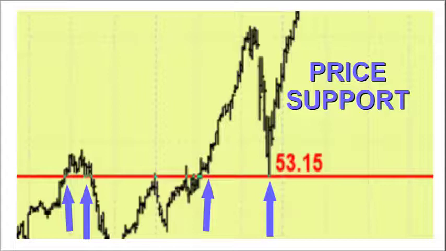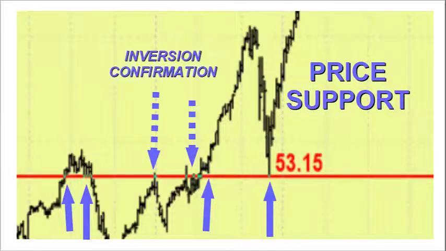Now, this is a very interesting example as well, because as we note along the way, this not only marked a couple of significant trading lows to form that support zone, we also along the way had a couple of occasions when the price went up and then stopped at that level and actually set shorter term highs. And so this inversion confirms for us the strength of that support zone.